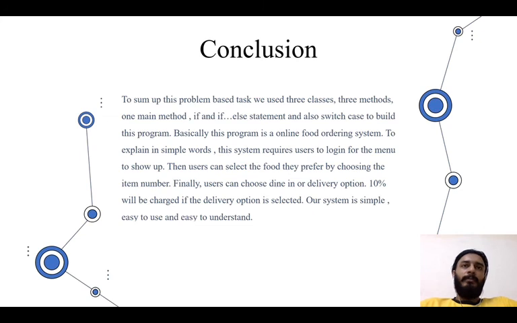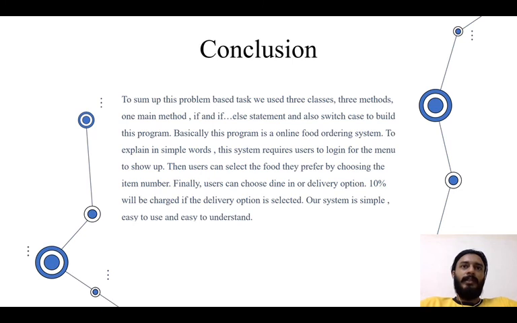To explain in a simple way, this system requires users to log in using their email. Then the system will pop up the username and password, so the users have to insert the username and password that the system gave for the menu to pop up.